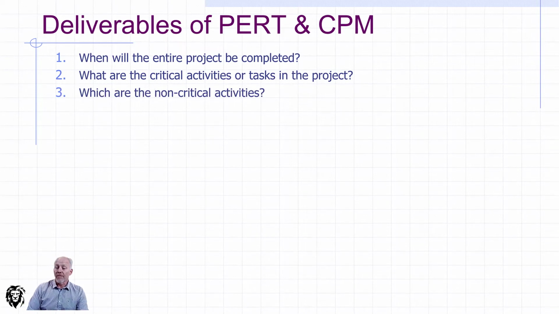And obviously, if we know what our critical activities are, we also will now know what our non-critical activities are, because what they represent to us is flexibility in looking at our resources and all of the other constraints that are being imposed on our project. We want to be able to shift around our non-critical activities to try to relieve some of those constraints and leave our critical activities unhindered.